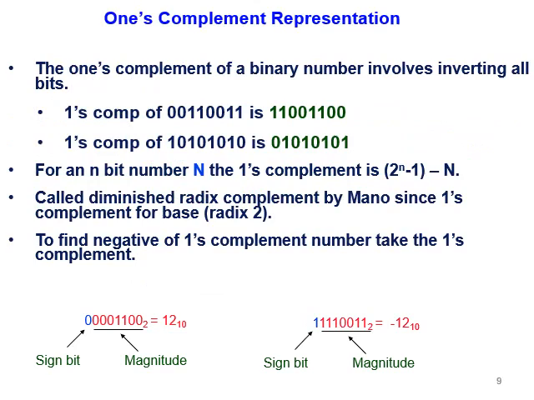Now let's go to one's complement representation. One's complement representation is done by inverting all the bits. It is like putting an inverter. The number comes in, if it is 1 it becomes 0, if it is 0 it becomes 1. You see here this number?